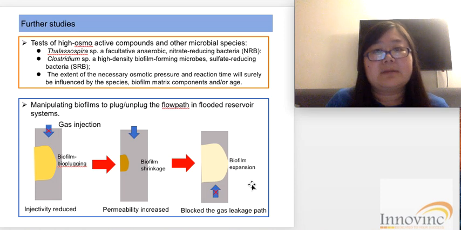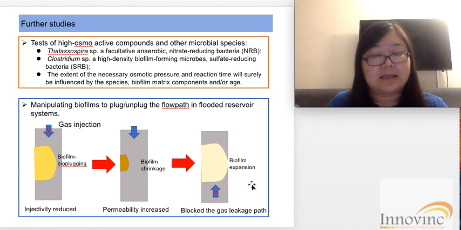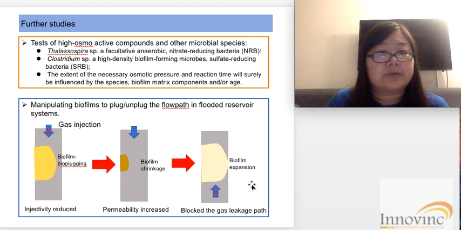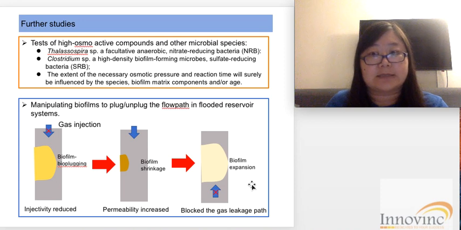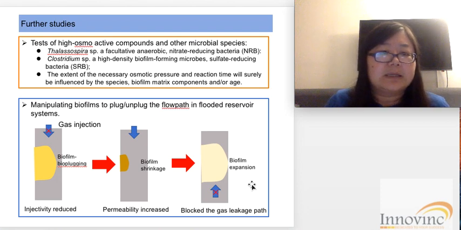Even though the physical principle of how osmotic pressure drives biofilm expansion and detachment is universal, the reaction time and the necessary osmotic pressure to initiate expansion and detachment are different. It differs with the species, the biofilm age, and the biofilm matrix components.